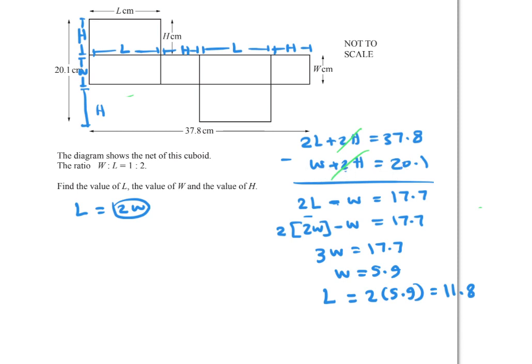So 5.9 plus 2H equals 20.1. So 2H is 20.1 minus 5.9 equals 14.2. Divide by 2, so the height is 7.1.